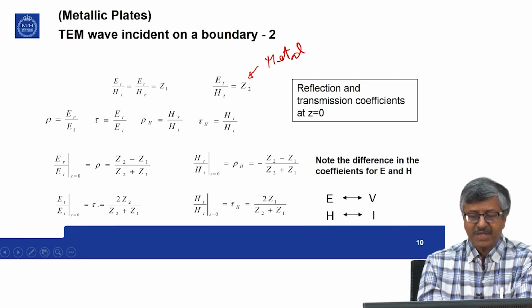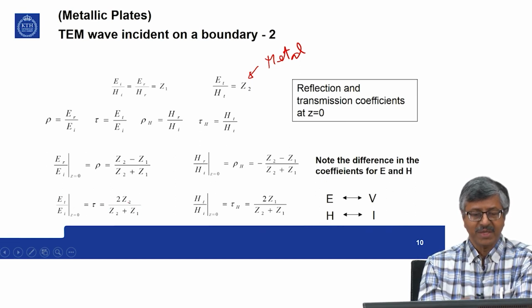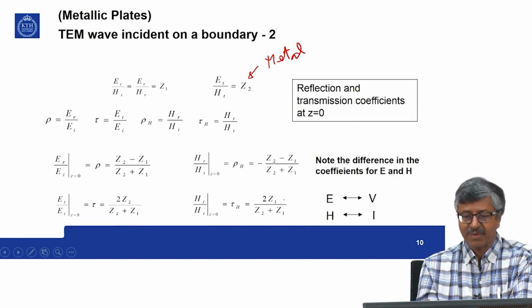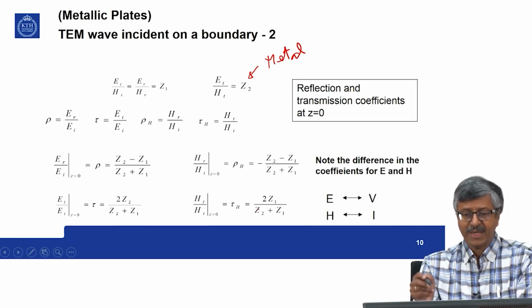Now, for the transmission it is ET by EI, 2 times Z2 by Z2 plus Z1, and for the magnetic field it is 2 times Z1 by Z2 plus Z1. So, here the transmission coefficient is very different.